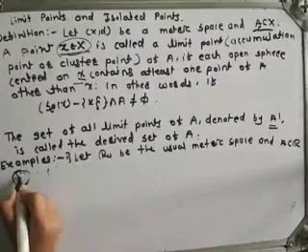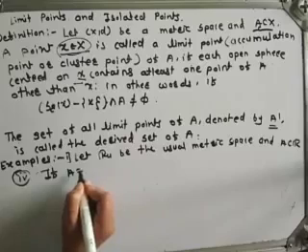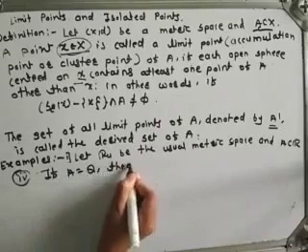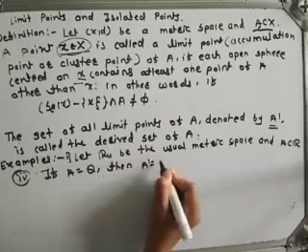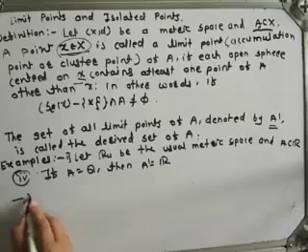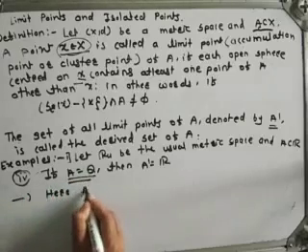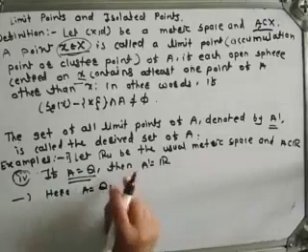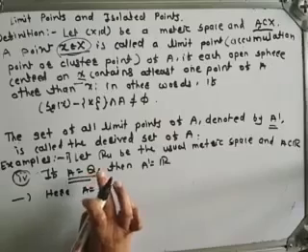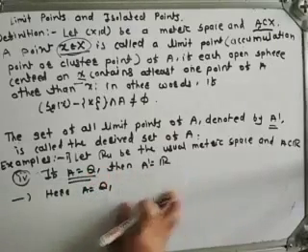Let us take the fourth example. If A is equal to Q, then the limit point of A is equal to R. Why? Q is nothing but the set of all rational numbers. Its limit point is the set of real numbers.